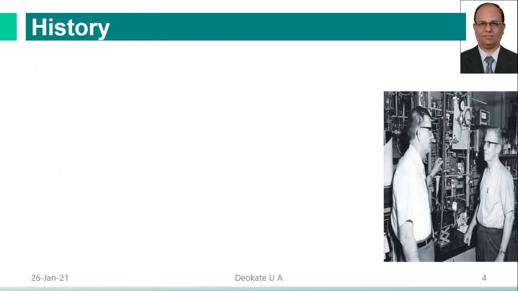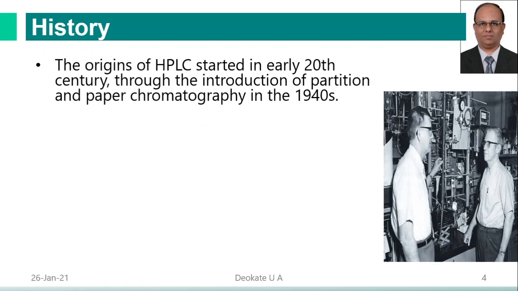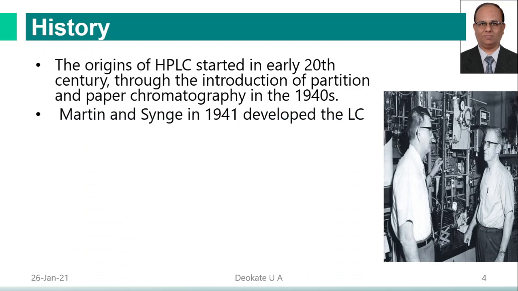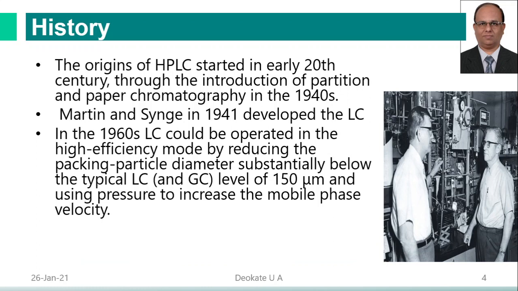If you see the history of HPLC, the origin of HPLC started in the early 20th century, through the introduction of partition and paper chromatography in 1940. Martin and Synge in 1941 developed liquid chromatography basically.